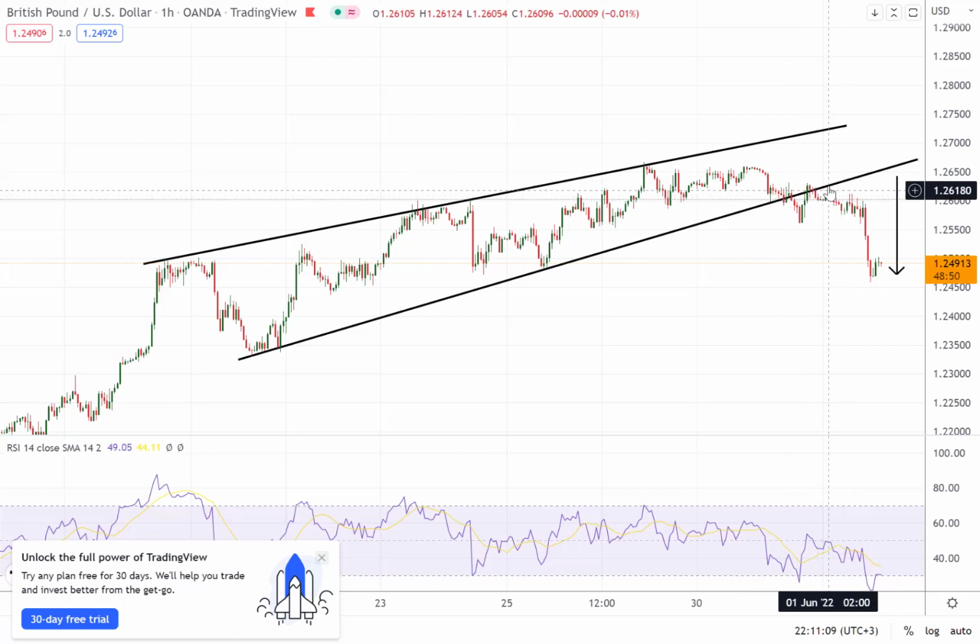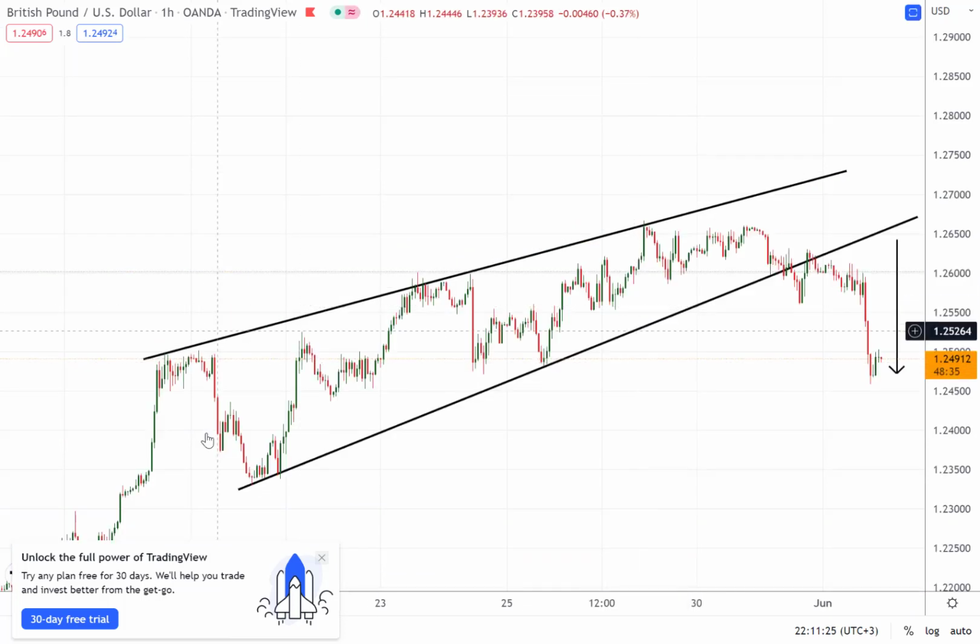So after the retest, you identify rejections. I wanted to show you how you identify the distance that you should be targeting to exit your position. Do you see the thickest part of the pattern?